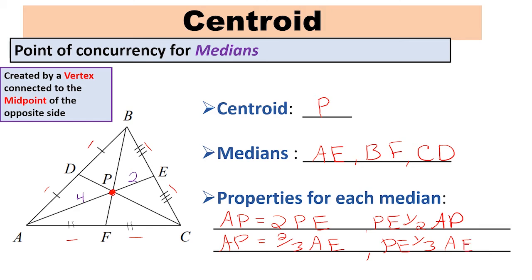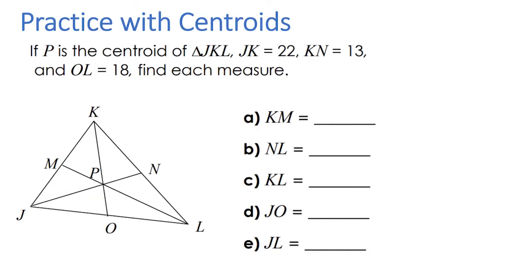All right, so let's look at some problems involving the centroid. Remember that the centroid is the point of intersection for the medians. Medians go from a vertex to the opposite side and cut the opposite side in half into two equal parts. So let's draw some congruence marks here.